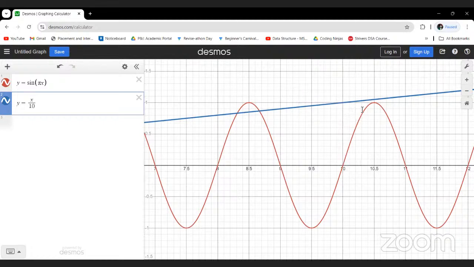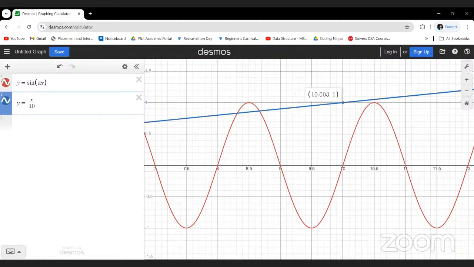So if I move to the right, I know my line is going upwards only. So अगर मैं इसके थोड़ा भी right गया, रत्ती भर भी, if I move even a little bit right from x is equal to 10, my value of y will be higher than 1, because here it is 1.